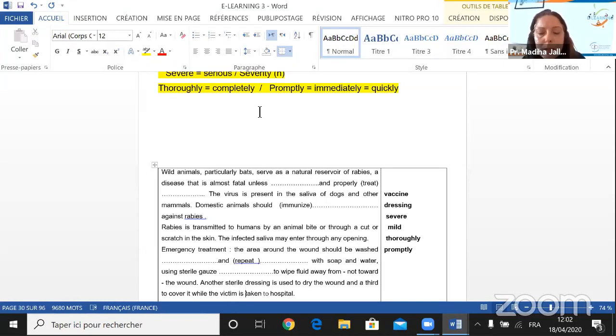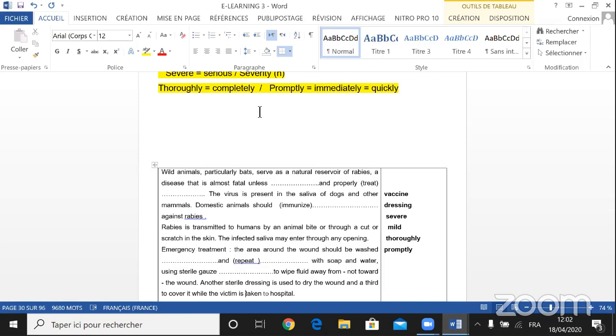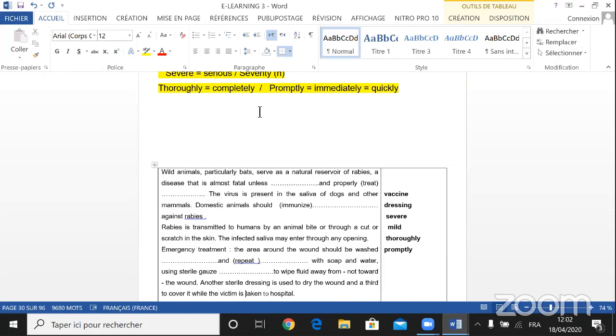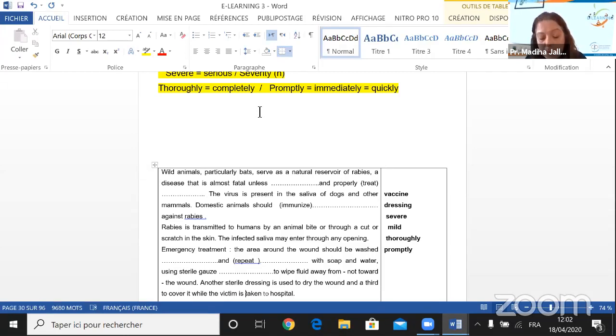Promptly means you have to act promptly, no delay. Anyone to explain promptly? Act promptly. Immediately. Yes, immediately, quickly, fast, promptly. No delay. It's a medical emergency.